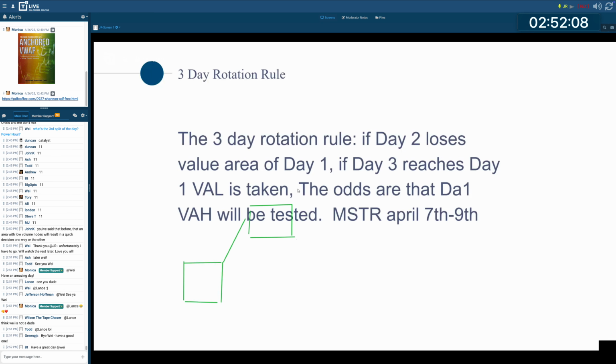When you experience a markdown after day 2, this is very typical of this market, where we're like, yay, bullish here, and then we find this is also very common in bear markets, right? In bear markets, you see the 3-day rotation rule all the time, because you have these violent short covering rallies.